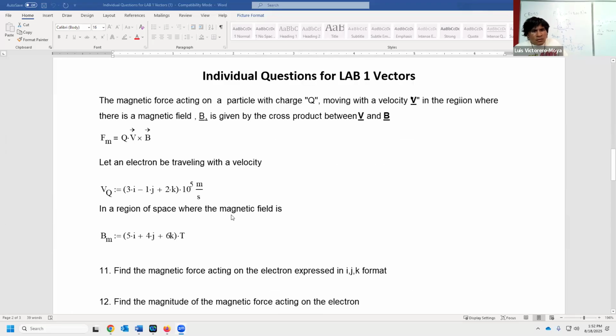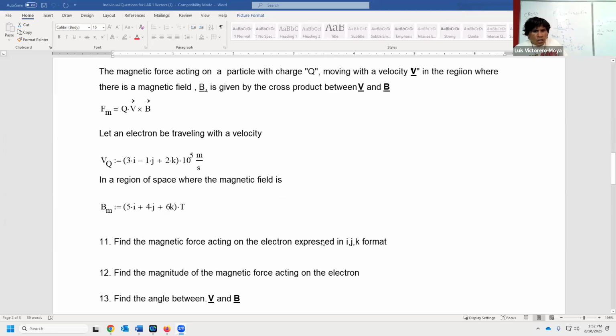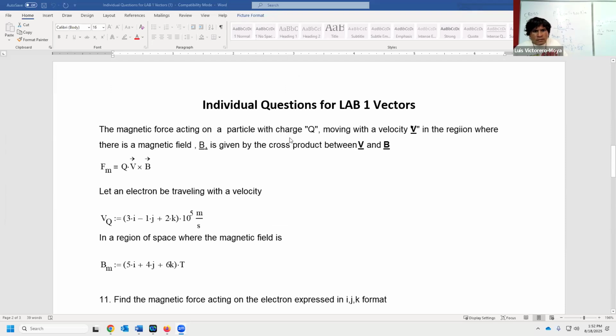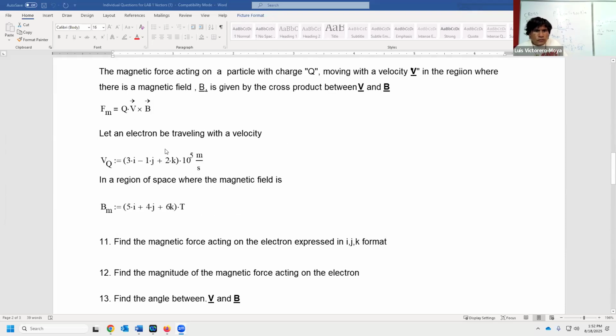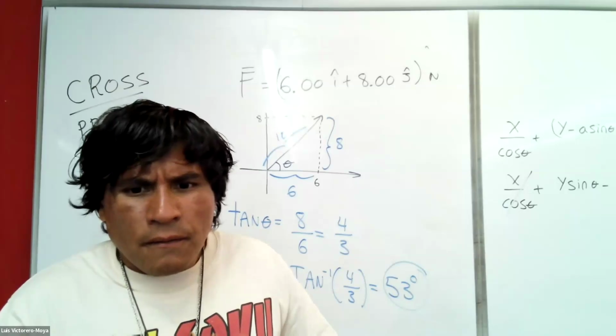And then this one is the magnetic force. Here you have to use the magnetic force, q v cross B. So q is just a particle charge, or it's an electron. So I'll tell you what the charge of the electron is. V and B. All right, so let's show you how to find this actually.